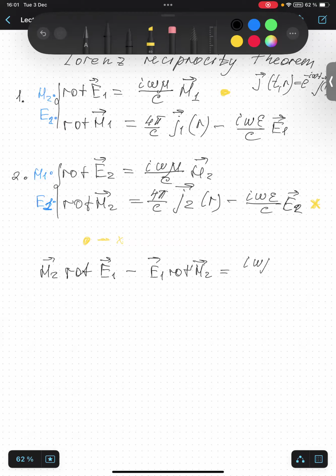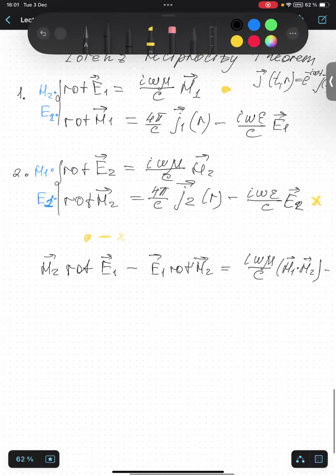Here, iω μ over c, H1 H2 product, minus 4π over c J2 E1 plus ε iω over c E2 E1.